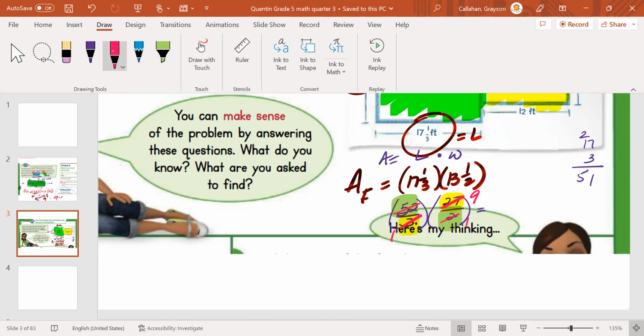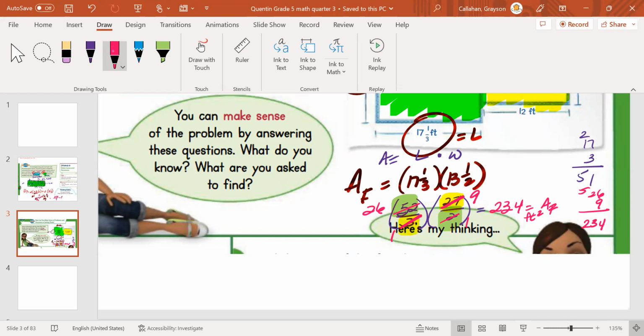What's 52 divided by 2? 26 times 9 is 234. That is your area. 234 what? 234 feet square.